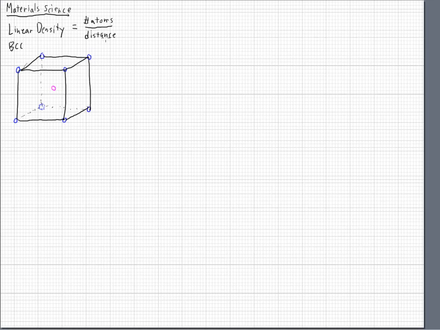I'm going to start with the distance. The edge length is referred to as A. Since it's a cube, that's A, and that's A, and that's A. In order to find the distances, we're going to look at three different directions.